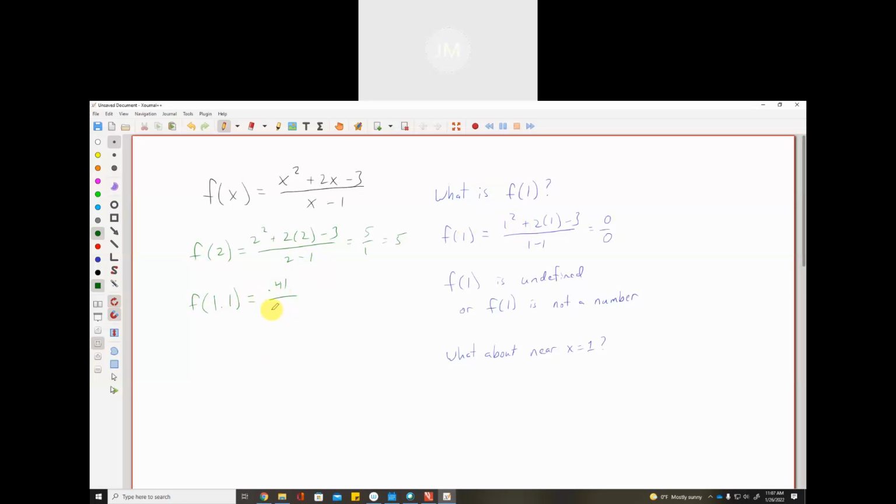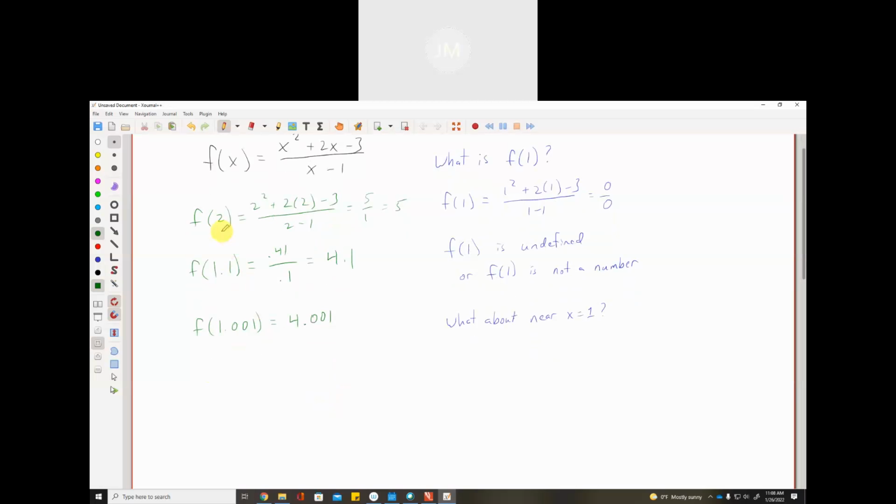And then if I take 1.1 minus 1, I'll get 0.1, and when I divide, I get 4.1. Okay. If I try something even closer, f of 1.001. Okay. I plug that in my calculator, and I will get 4.001. All right. Well, these are all numbers that are bigger than 1.